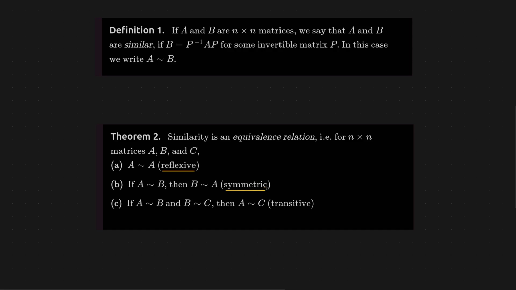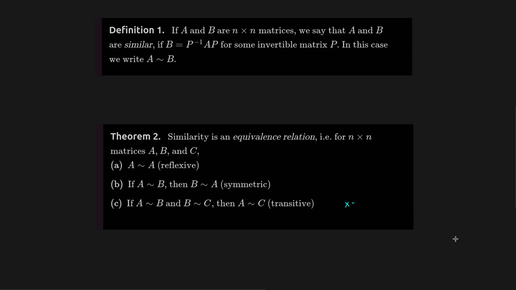Symmetry. If A is similar to B, then B is similar to A. Just like if 3 equals 2, then also 2 equals 3. And transitivity. That is, if A is similar to B and B is similar to C, then A is also similar to C. Just like if X equals Y and Y equals Z, then we know that X must be equal to Z also, right?